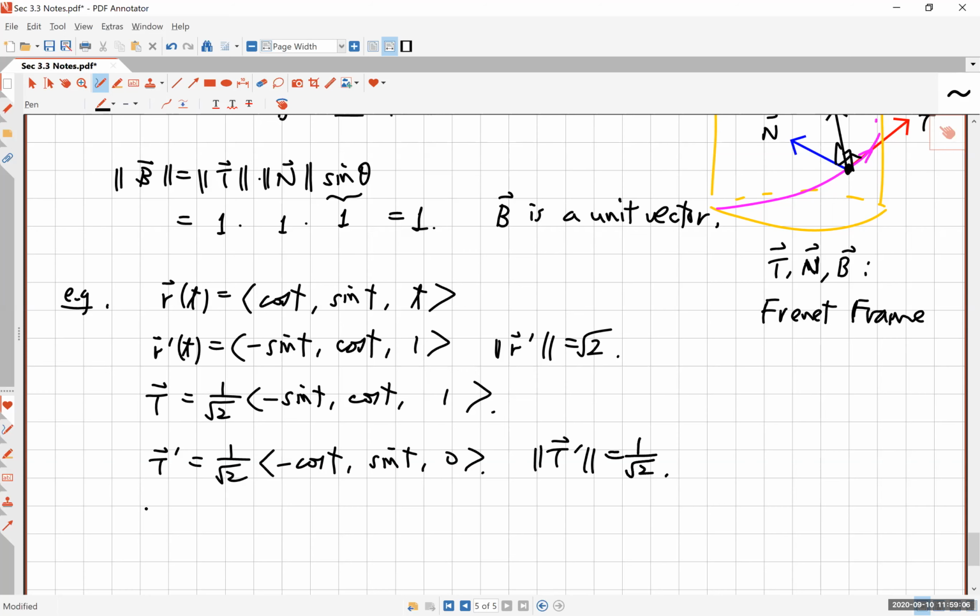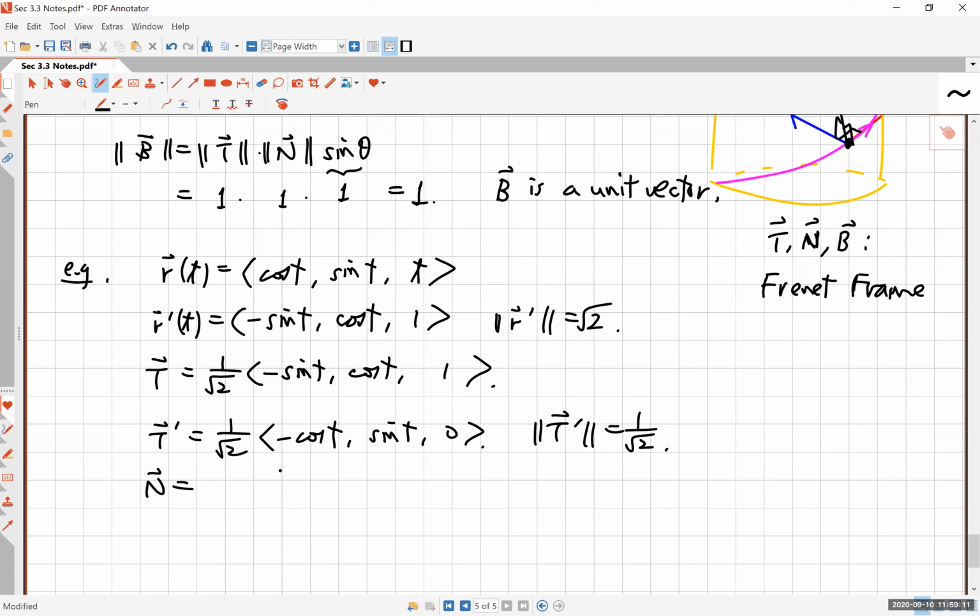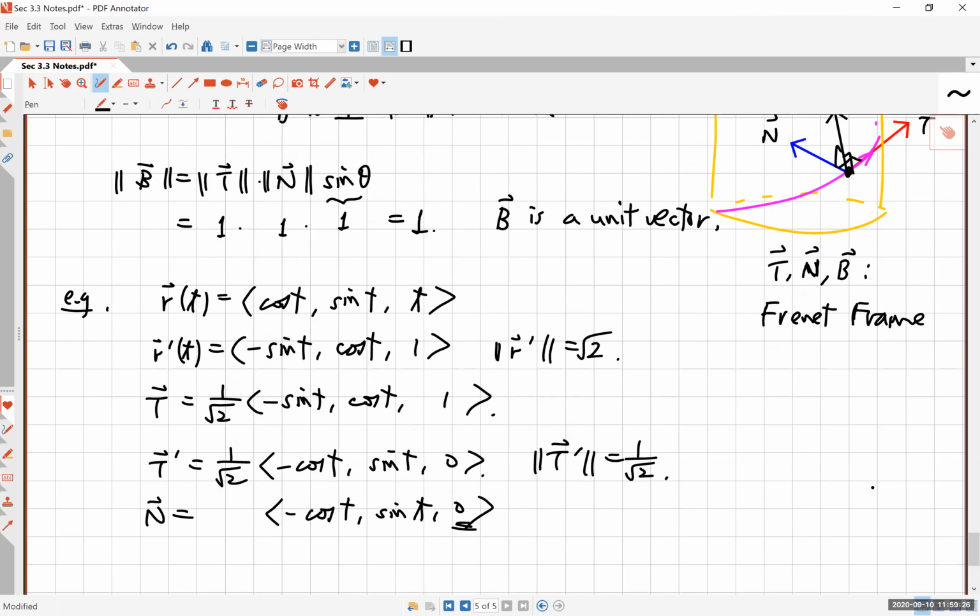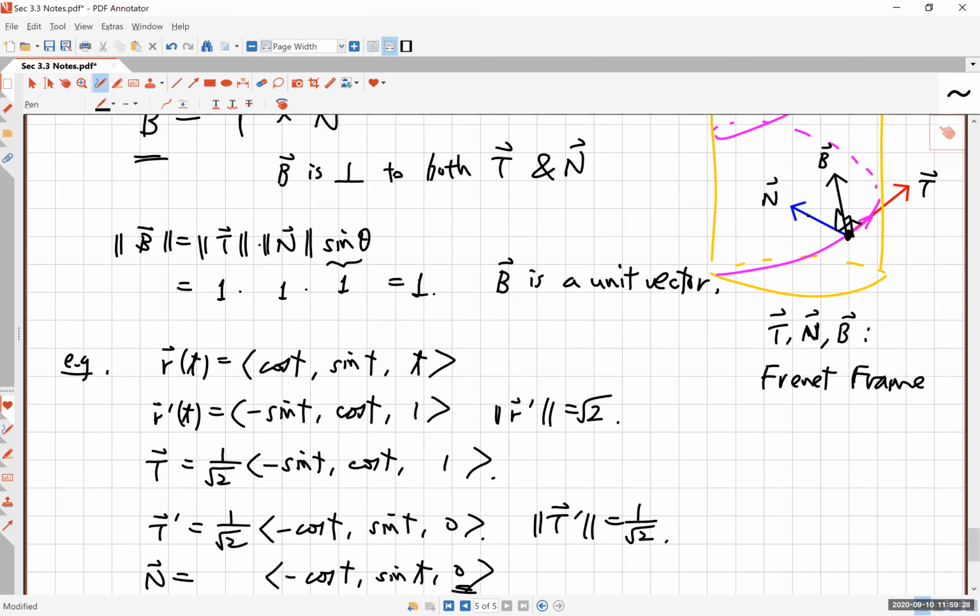I think the normal vector is easy. We've done this before, but because this part already is a radius of magnitude 1, you can just ignore the constant, and that is your principal unit normal vector. Notice here, the z component is 0. So if you look at this blue arrow here, it's actually horizontal, okay?